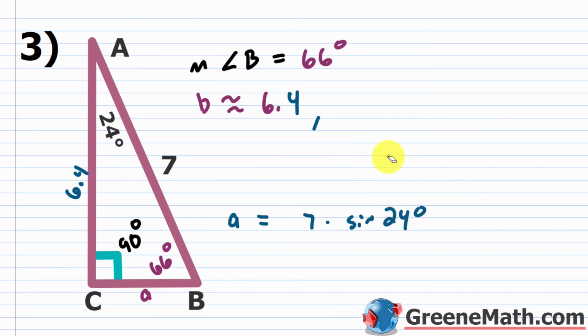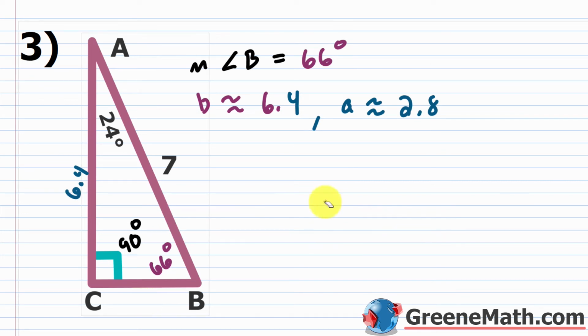Let me get rid of this. I'll just put A is approximately here. Let's key this into the calculator, and I get about 2.84715. Let's just stop there. We're rounding to the nearest tenth, so I'm going to look at this 4 here. That falls in the category of 4 or less, so you can just delete these and get rid of this. So we'll go ahead and say that this side right here is approximately 2.8.